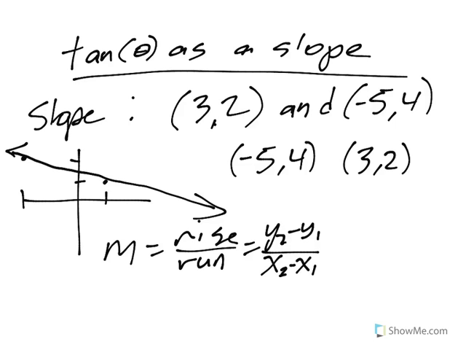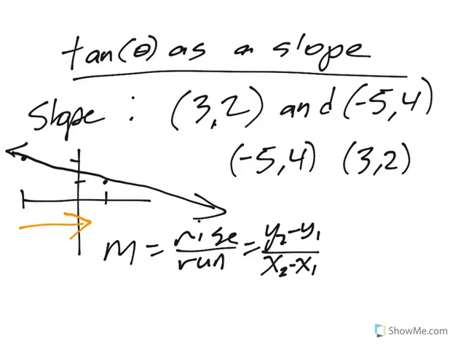I would always like to go from left to right, so I'd love for my run to be positive. The way to make sure that happens is to make x2 greater than x1, so that when we subtract we get a positive number.